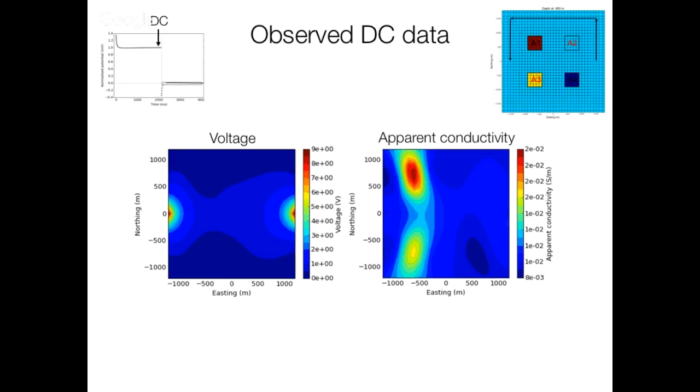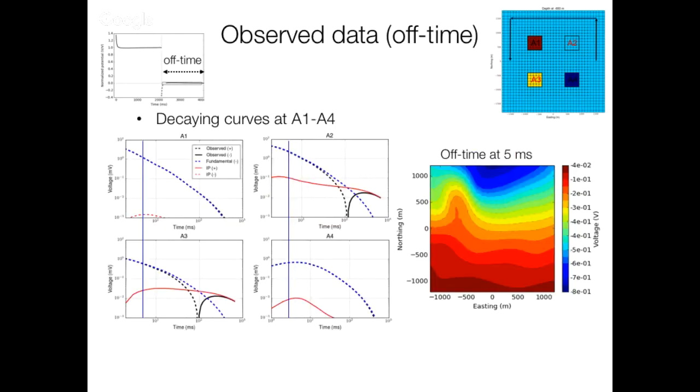He comes out here as the most conductive object, and this is lower conductivity, and this is a resistor. So you're doing pretty well with the DC resistivity in that.